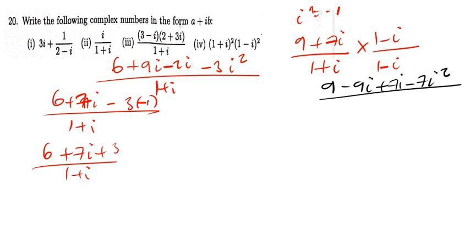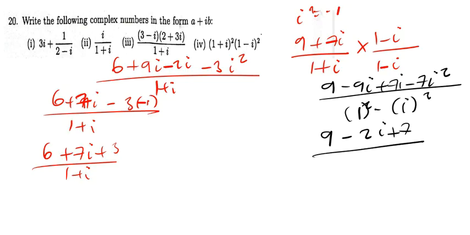If I'm multiplying anything by its conjugate, square this part. Where there's I squared, I'll put negative 1. Negative times this negative will be plus 7. So I have negative 9I plus 7I, which is negative 2I, then plus 7 and 9, divided by 1 minus I squared.